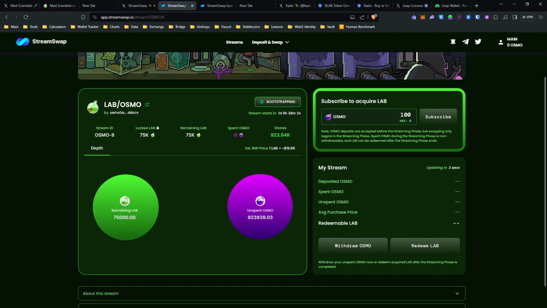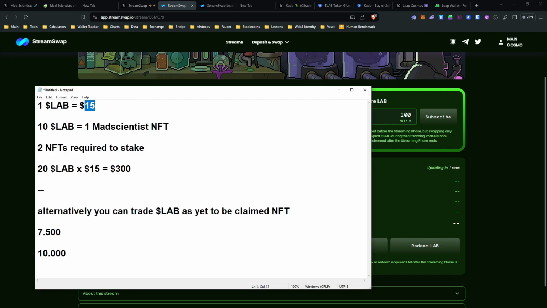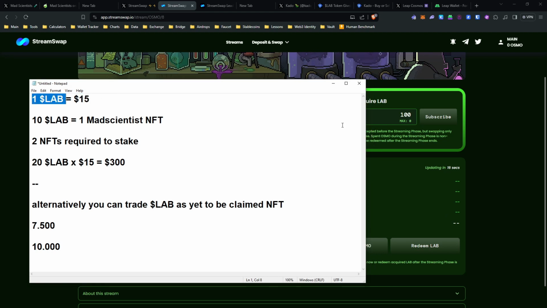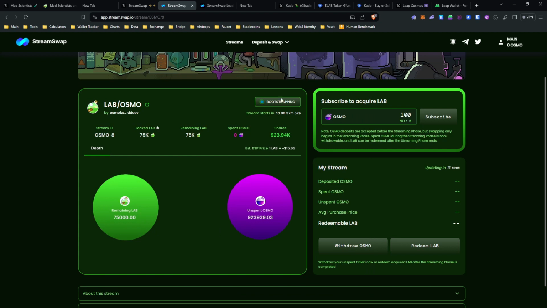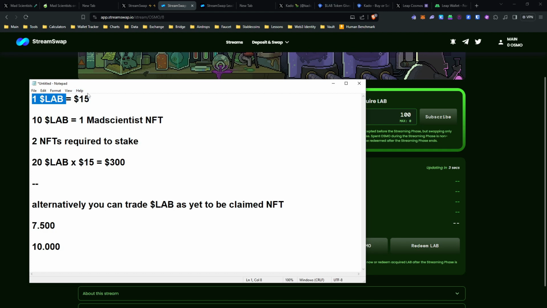So if we calculate with an average price of $15 per lab token, let's assume roughly after the bootstrapping ends and the stream begins and also ends, we have a little bit less than this amount of Osmosis in the pool to be swapped for lab tokens, and we do end up with $15 per lab token, then since one Mad Scientist NFT costs us 10 lab tokens, which would essentially be $150, 2 NFTs would cost us $300.